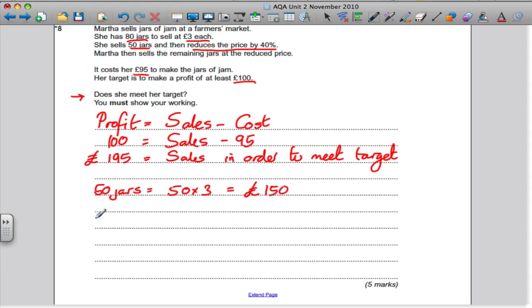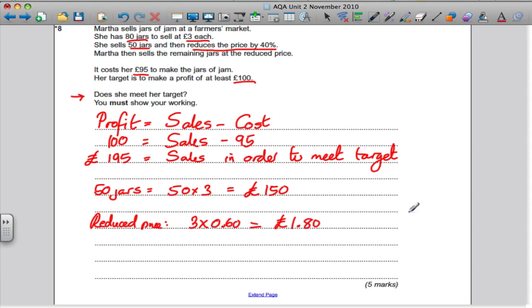Now let's work out reduced price. She reduces the rest. They were originally £3, so we could work out what a 40% reduction is. Two ways to do this. Either do 3 multiplied by 0.60, which is the decimal multiplier that causes a 40% reduction, and you would get £1.80.